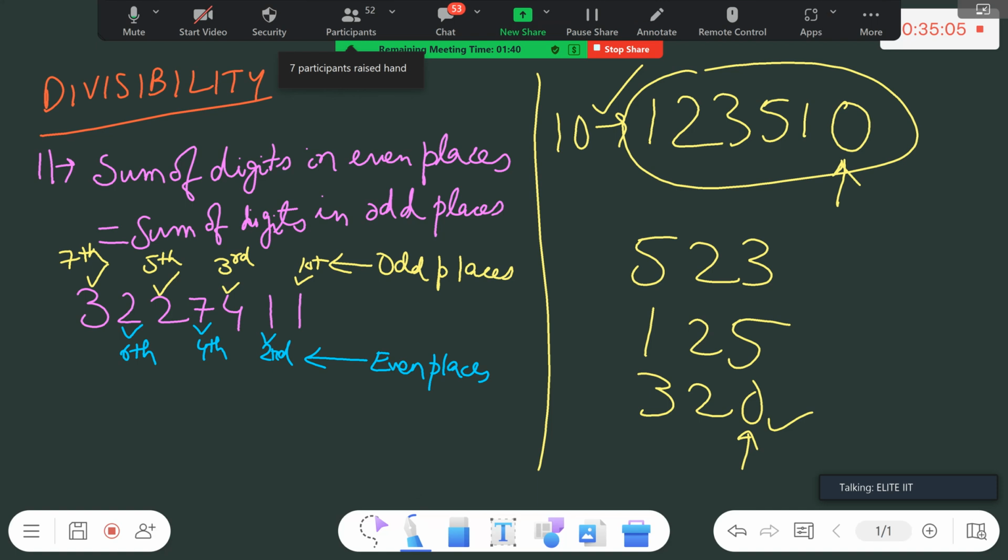For it to be divisible by 11, the sum of the digits in odd places should be equal to the sum of the digits in even places.